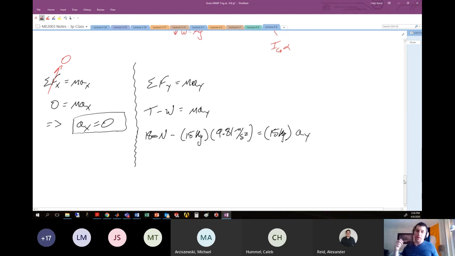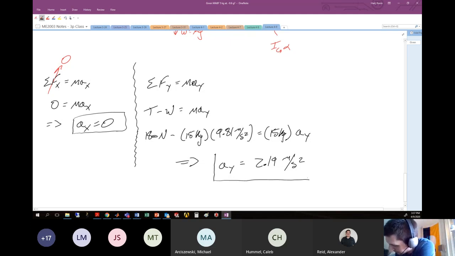The only unknown in this equation is the acceleration in y. Solving, I find that the acceleration in y is 2.19 meters per second squared, positive in the direction that I drew.